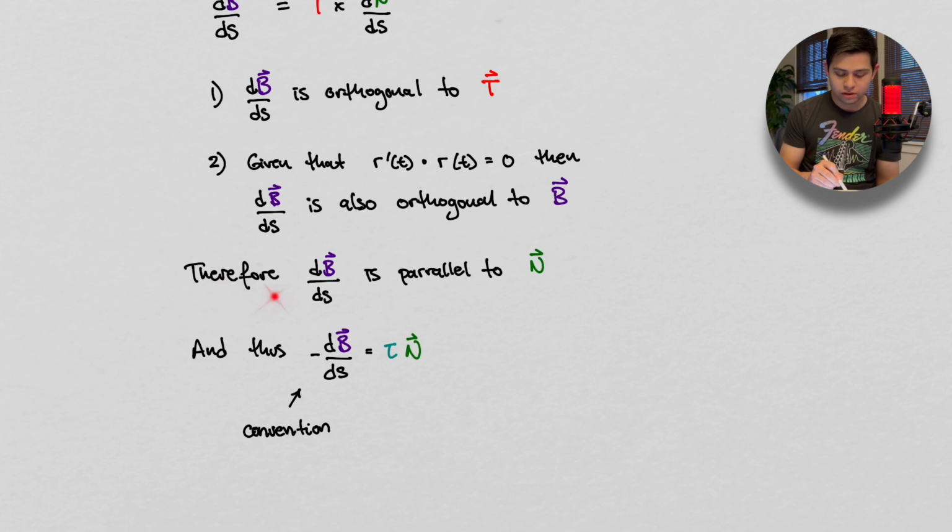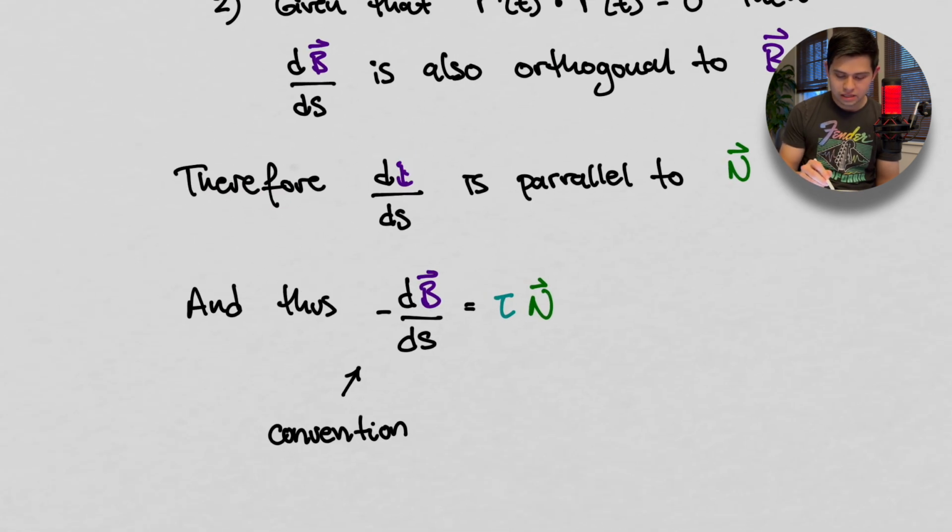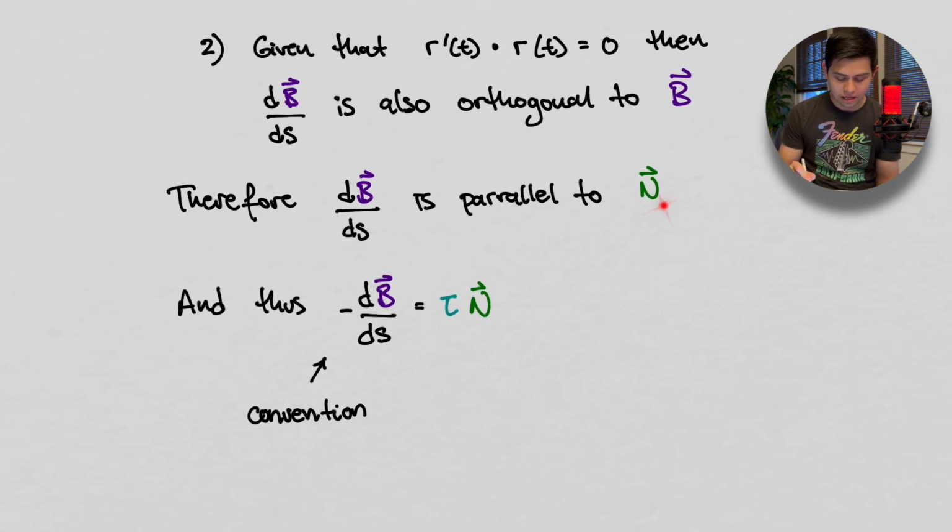So, therefore, dB/ds is parallel to N. This is the principal normal. By convention we put a negative sign here, and so dB/ds is going to be some scalar multiple of N. Okay.